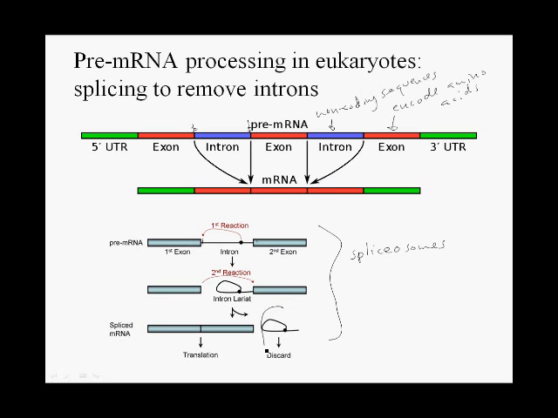So this shows the intron sequence being spliced out in this lariat form, where it will be degraded into nucleotides for recycling. And what's then left is the RNA where the exon boundaries have been precisely joined to form a continuous protein coding sequence.